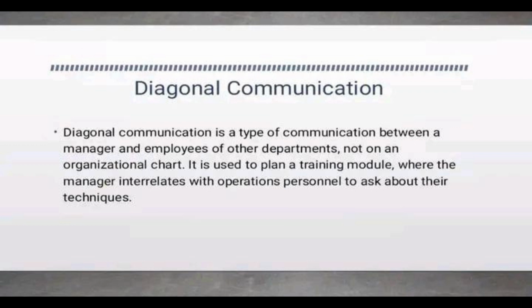In other words, it involves communication between people who are not in the same chain of command or department. For example, a manager in the marketing department may need to communicate with a manager in the finance department, or a salesperson may need to communicate with a product development team.